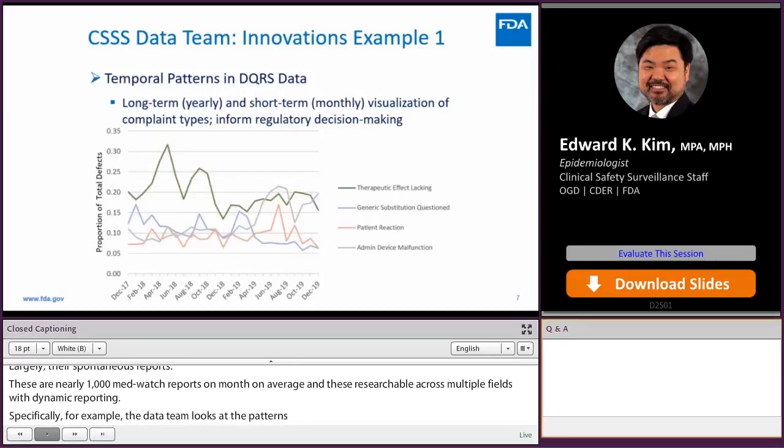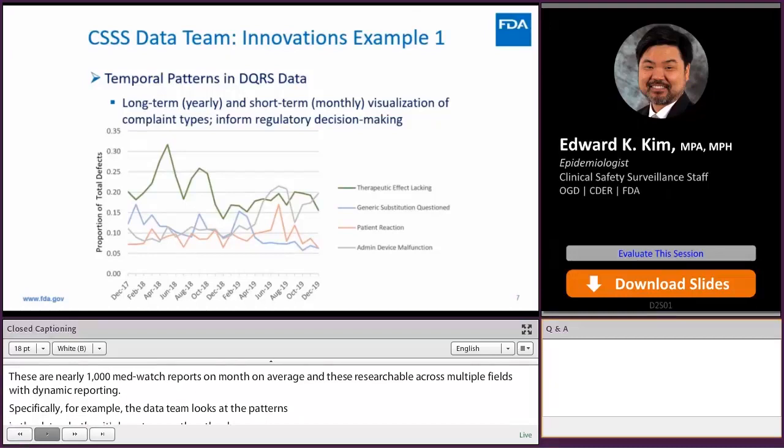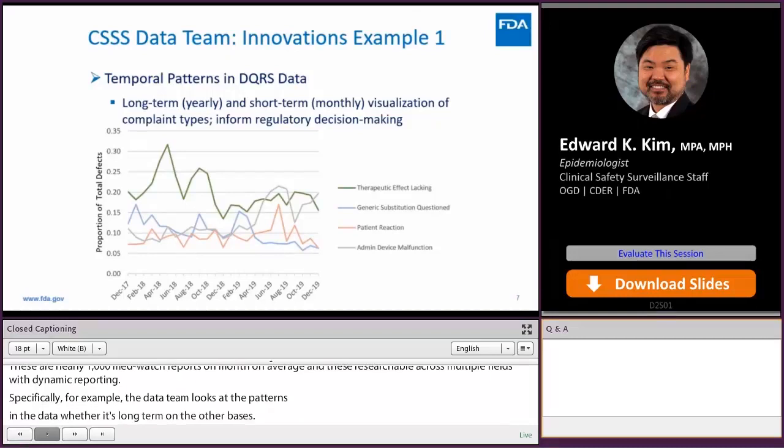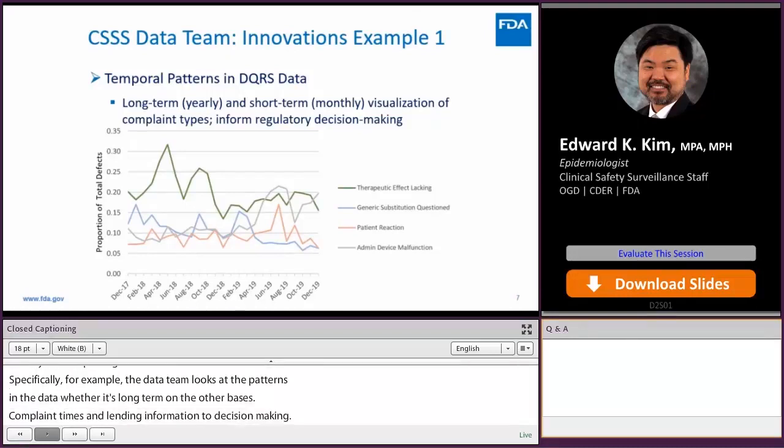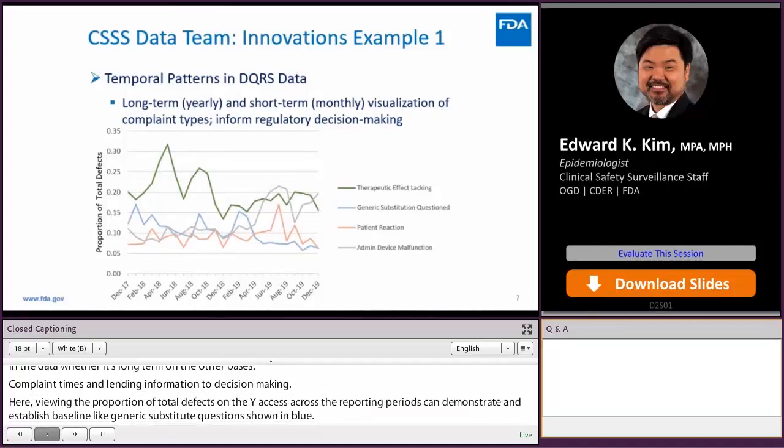Here, viewing the proportion of total defects on the y-axis across reporting periods here on the x-axis can demonstrate an established baseline of complaints like generic substitution questions shown here in blue. If we observe significant increases or changes in any given category, we can investigate further and use data trends to help inform decisions going forward.